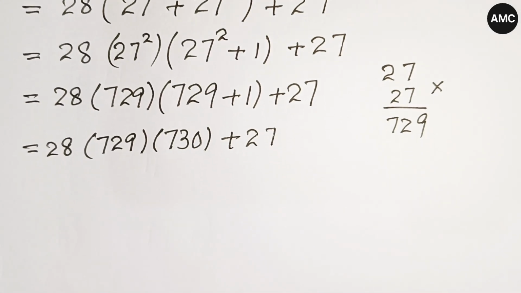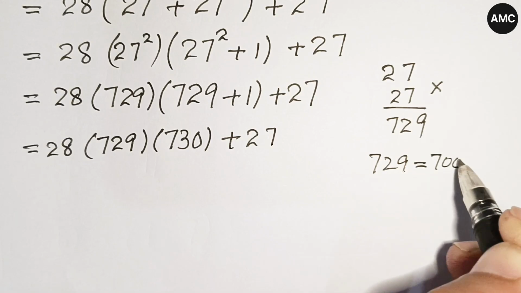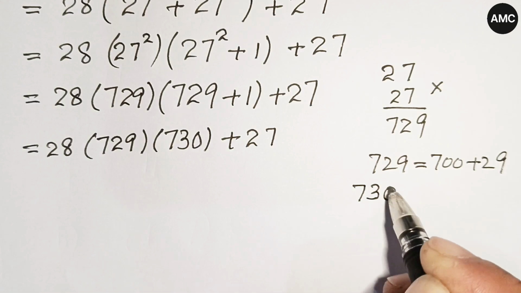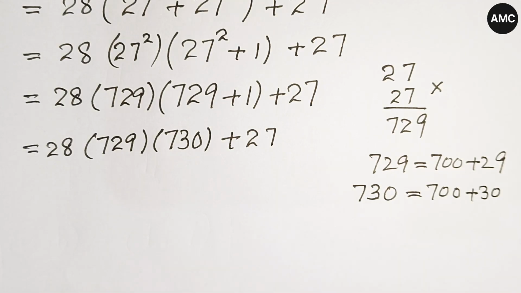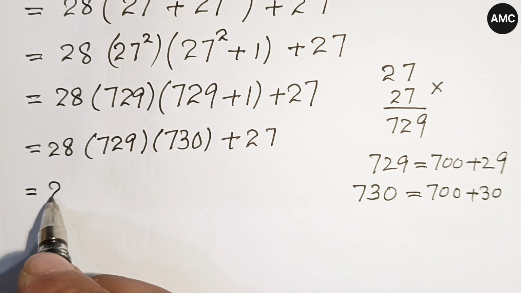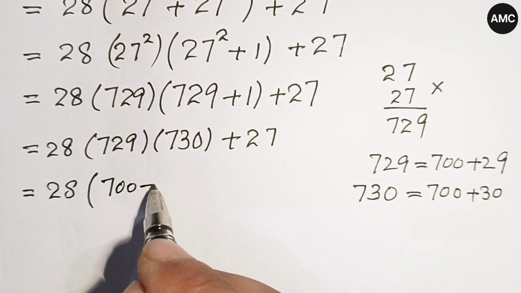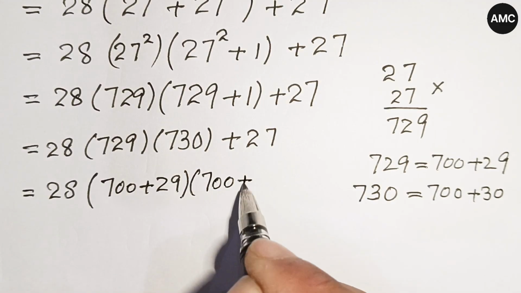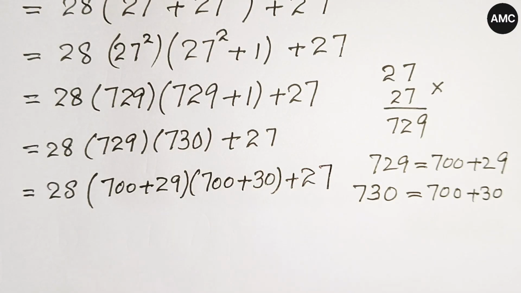Now this 729 can also be written as 700 plus 29, and similarly 730 is written as 700 plus 30. Now for our convenience we write 28 times 700 plus 29 times 700 plus 30, and here we have plus 27.